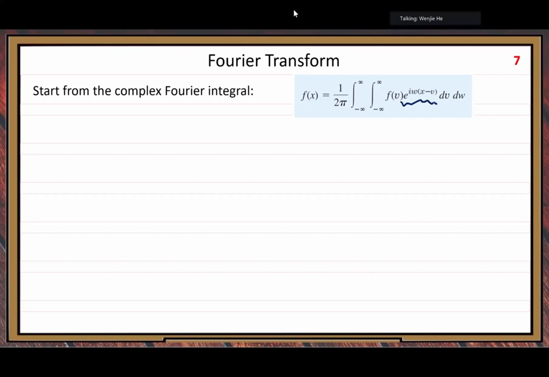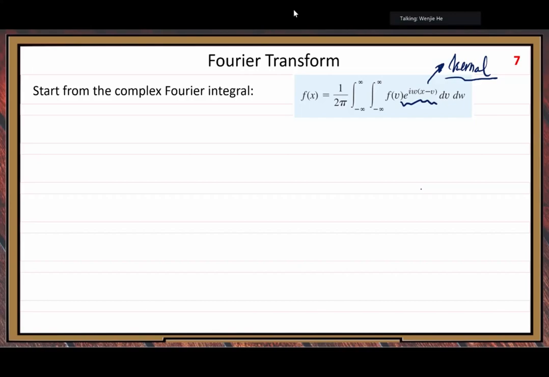Remember, we have a special name for it: kernel function. When we define an integral transform, we need to use some kernel function. Here, this e function is our kernel function.